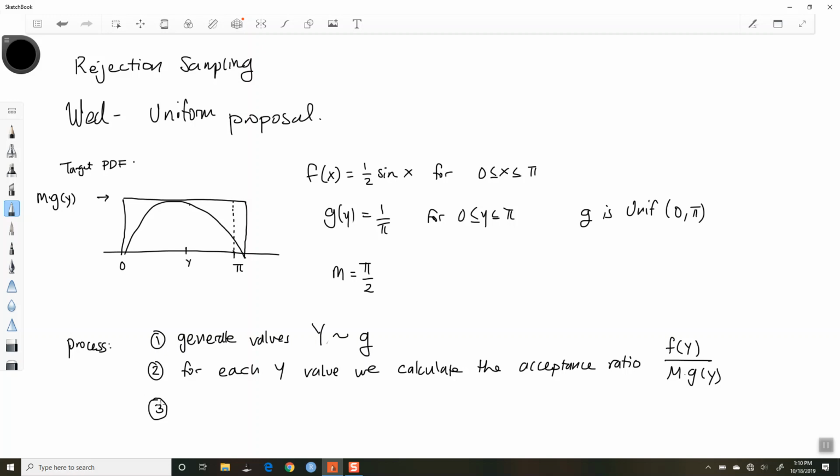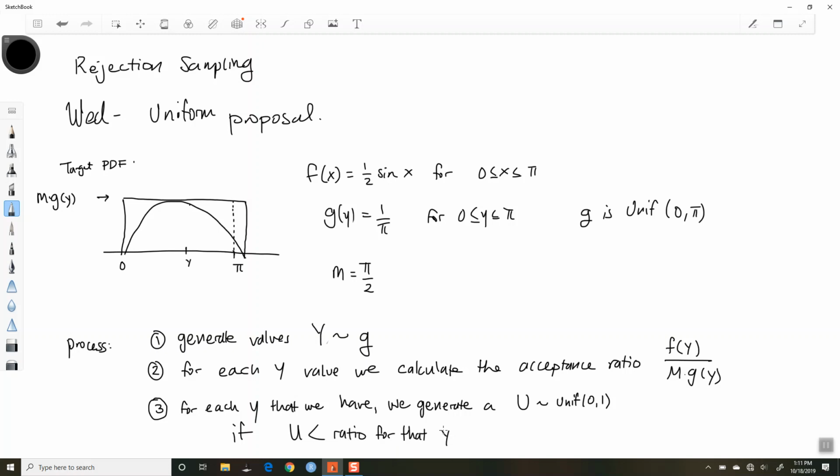Well, for every y value that we've generated, we also generate a u, okay? So for each y that we have, we generate a u coming from uniform 0, 1, okay? And if u is less than our acceptance ratio, the ratio for that y, so this ratio is different for every y value, right?